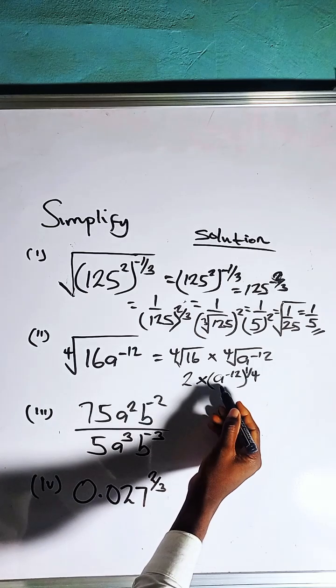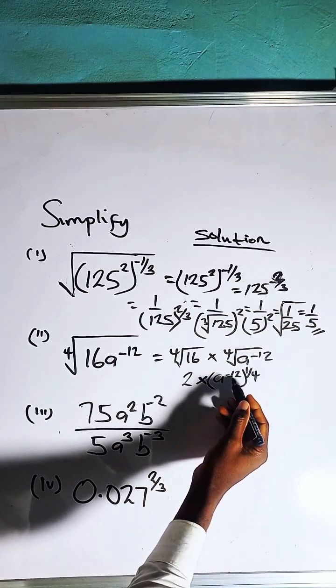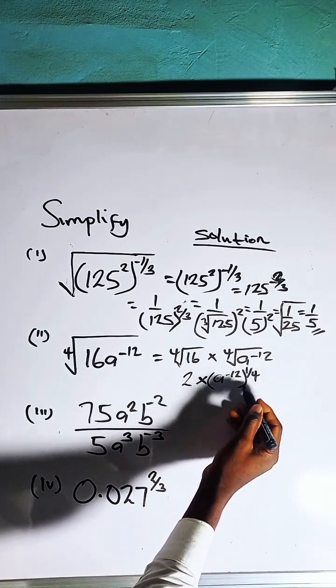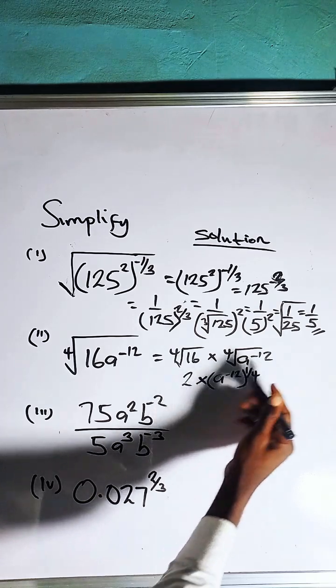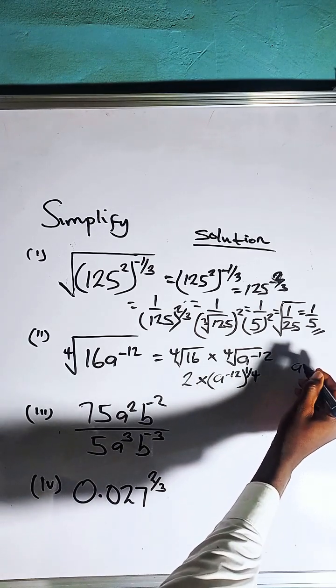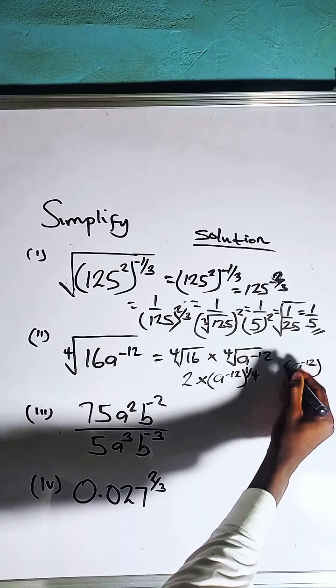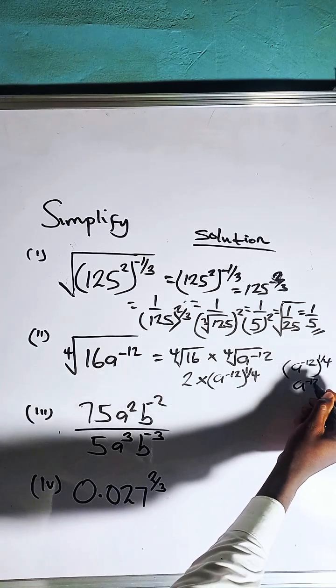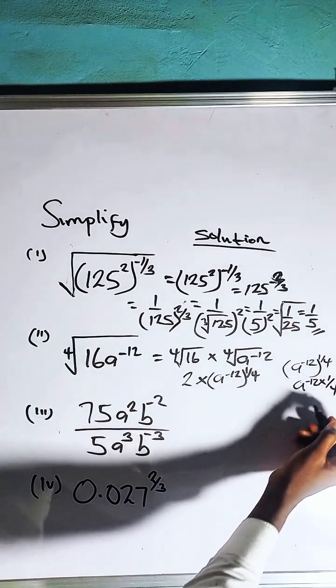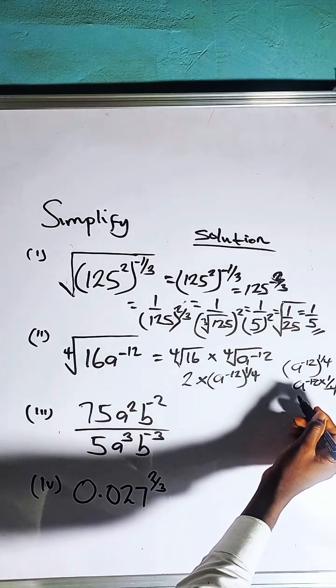So for a raised to the power minus 12, raised by 1 over 4, we apply the exponent rule. Here it is a raised to minus 12 times 1 over 4, which simplifies to minus 3.